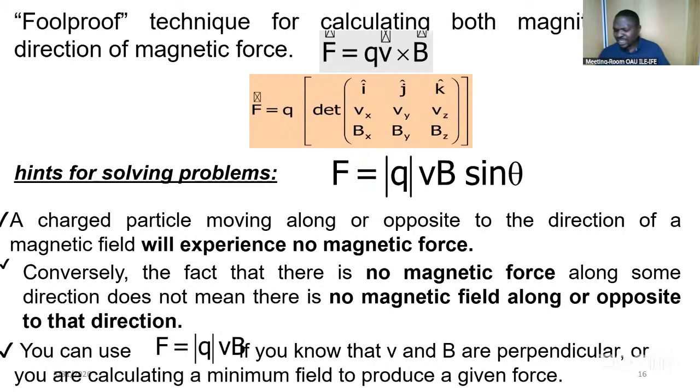And you remember in physics or mathematics, if you want to determine the determinant of V cross B, let's assume that we have three different components, where you have component X, component Y, and component Z. In that case, you can do it in such a way as I did on the slide, where we have i, j, k, Vx, Vy, Vz, Bx, By, Bz.